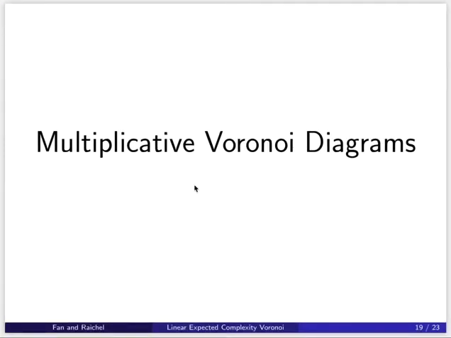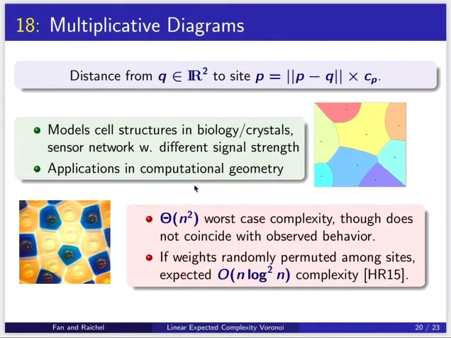Then we consider the multiplicative Voronoi diagram. In this diagram, the distance from a point Q to a set P is the normal distance times the weight of set P. In many applications in biology and social networks, different sets can have different signal strengths.